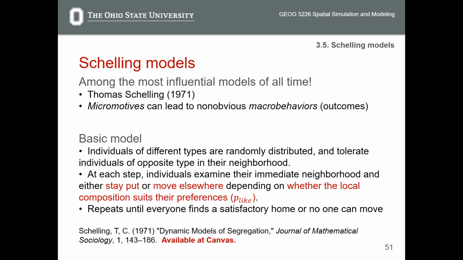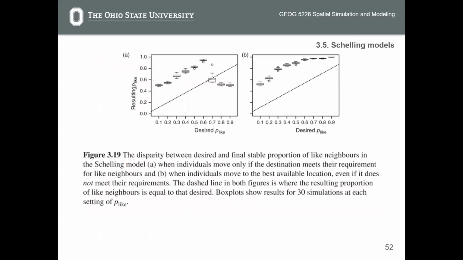So it's pretty good to simulate aggregation and segregation of human beings or animals, because no matter which species, they tend to stay with their own people, right? And the tricky part is p-like. We can always set a desired p-like from 0 to 1.0.